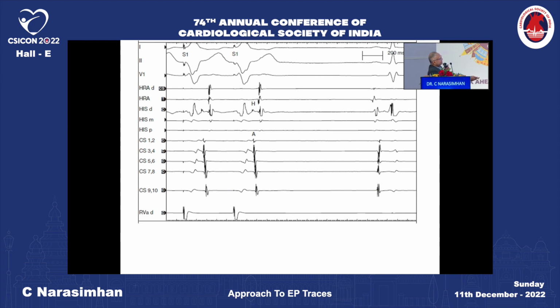The A here gets activated before the level of the His. So this is not possible in a normal AV nodal retrograde conduction. This tells you that the conduction is going through an accessory pathway inserted at the level of the distal mitral annulus. Am I clear?